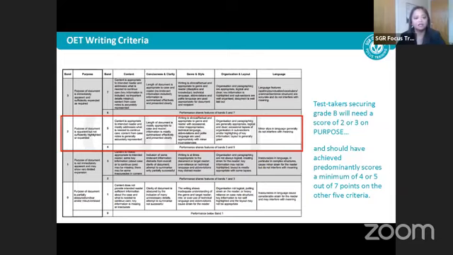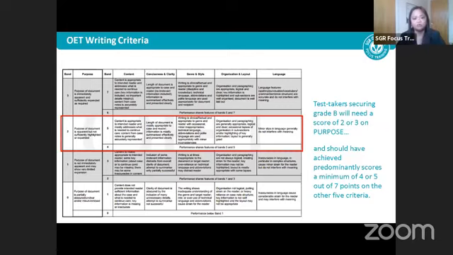I also get a lot of questions from students with regards to organization. And the common questions are: how do I write my letter? Do I start with the patient's information first, or do I start with the consultation today? And I always say that there is no template in terms of how you write the letter.